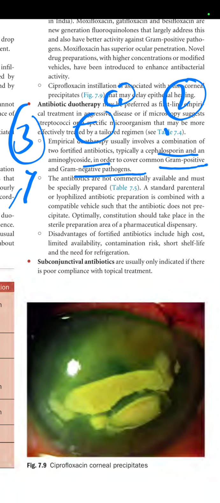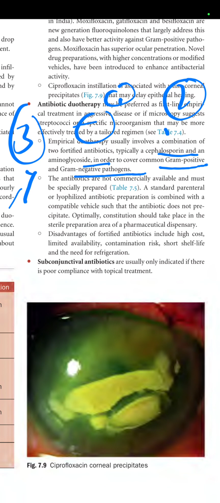A standard parenteral or lyophilized antibiotic preparation is combined with a compatible vehicle such that the antibiotic does not precipitate. Optimally, constitution should take place in the sterile preparation area of a pharmaceutical dispensary.